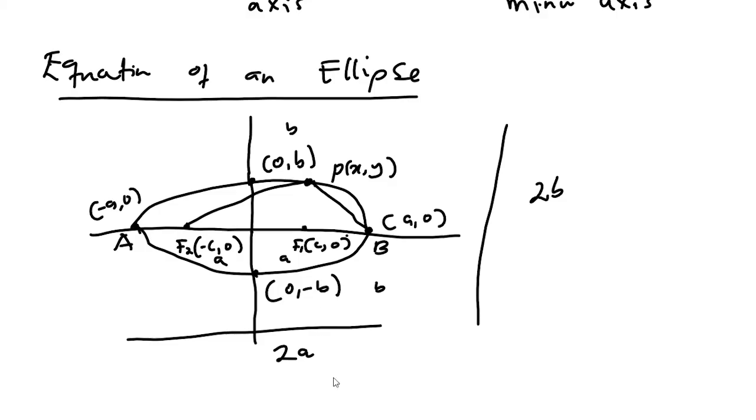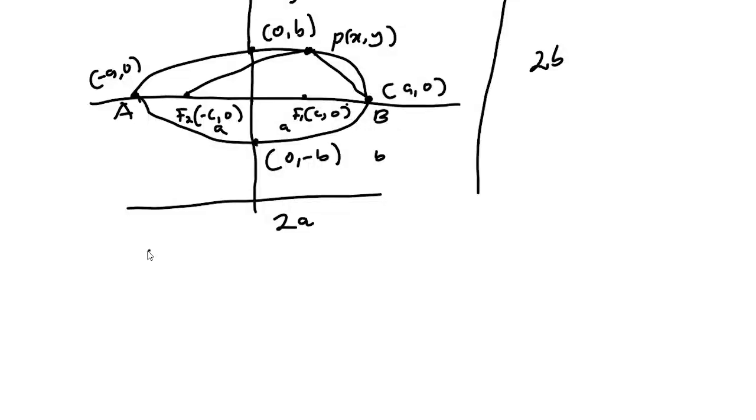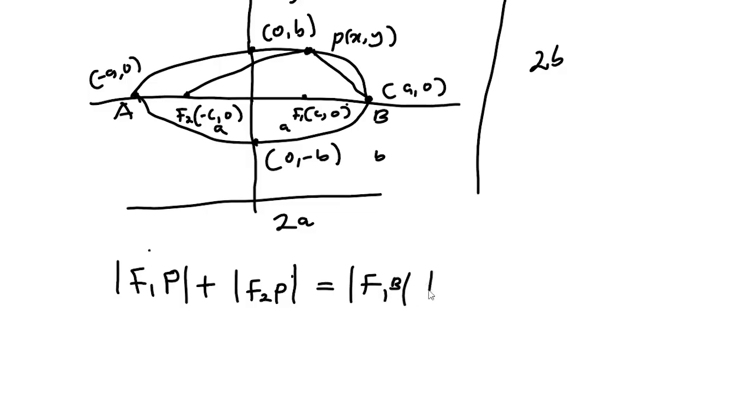So the distance from F1 to P plus the distance from F2 to P is the same as the distance from F1 to B plus F2 to B. This F1B plus F2B is going to be that constant we are talking about, which is our 2A. So how do we get that 2A? Let's derive something here.